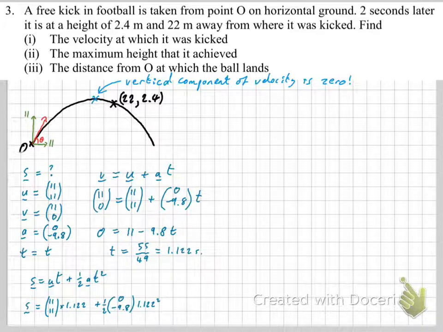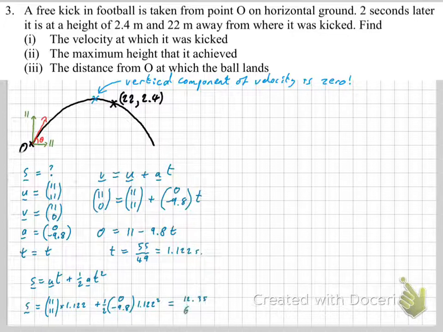Now, I know we're only interested in the maximum height, so we're only interested really in the y component, this bottom row. But do both. That's a big tip from me to you. Do both. Because when you come to part 3, you're going to need to know the x component anyway. So do both at the same time. It's more efficient in the long run.